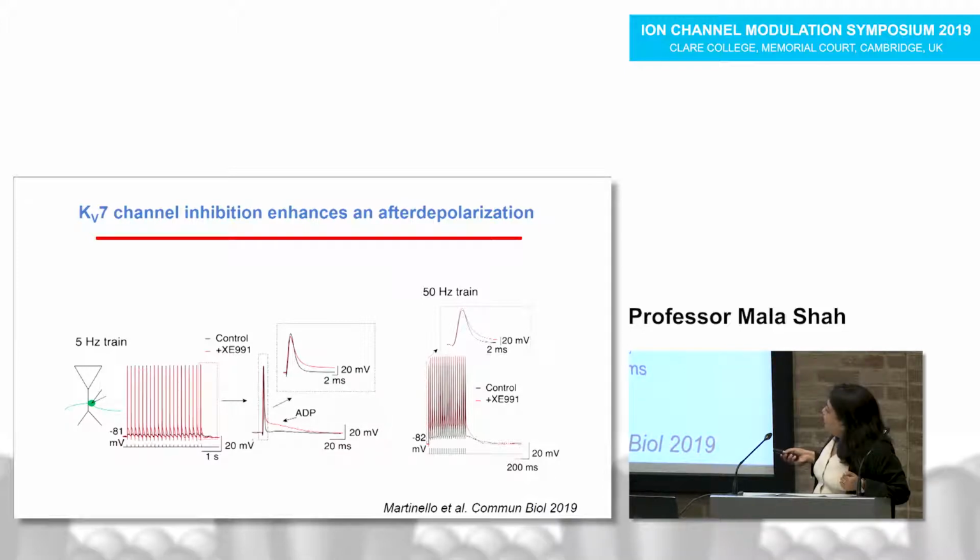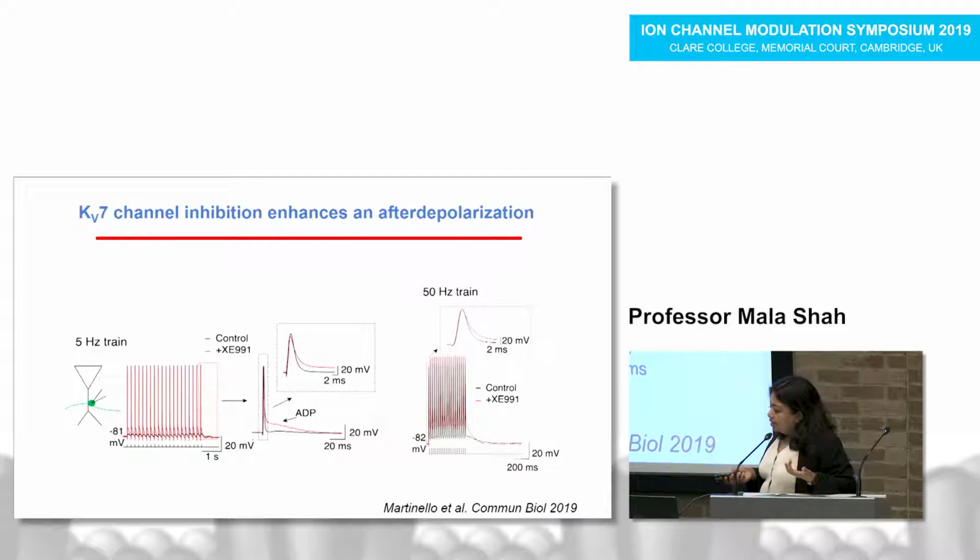In this case, you're getting action potentials being generated on top of the after depolarization, so you get a difference in the voltage response here. The action potentials are actually being generated at much more depolarized potentials than under control conditions. So there is a significant ADP, and the action potential width changes as well.